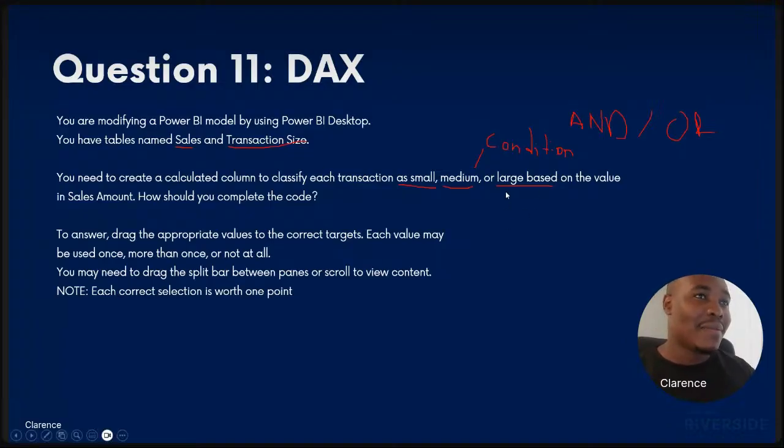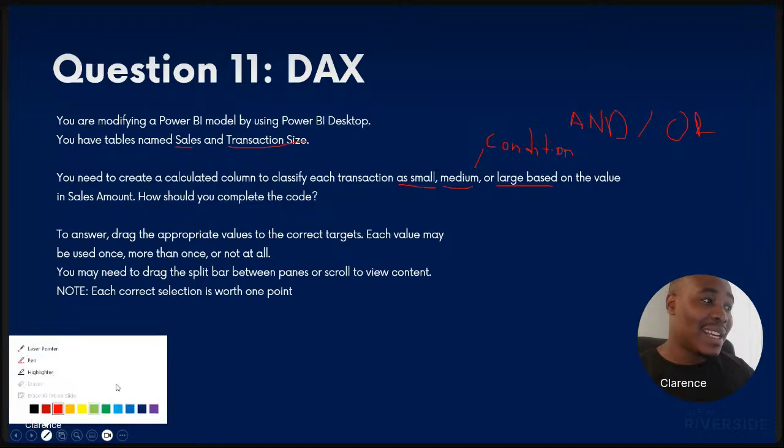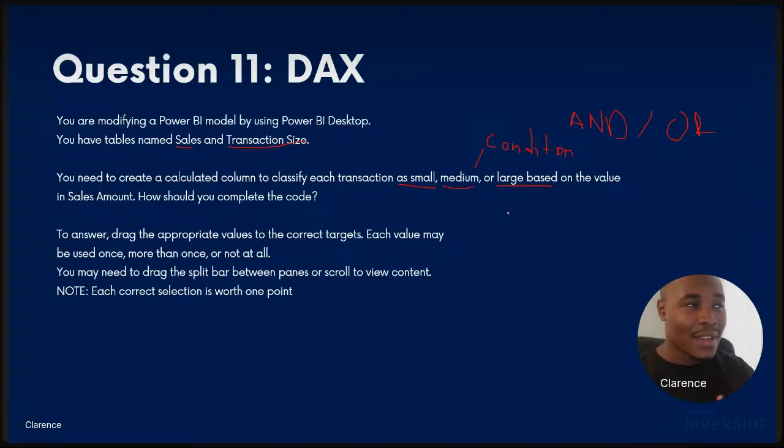I think filter is another cool one that I always think about whenever anything has to do with classification or sorting specific things and just getting to view certain data sets. You'll also want to have filter somewhere here, right? So you can actually read about what filter does in the DAX formulas.